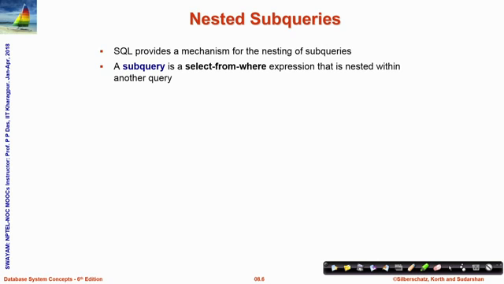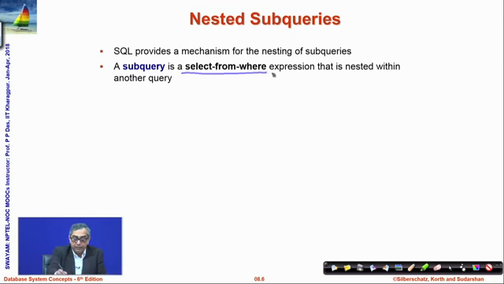A subquery is necessarily a select from where expression that is nested within another query. So, it is nothing new over what we have already learnt, but it is a part of another query.